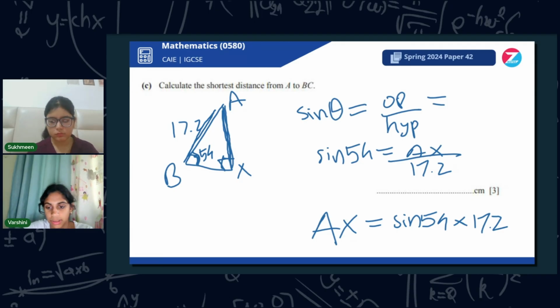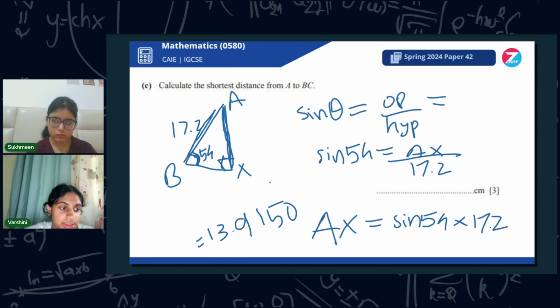Sorry, sine 54. Yeah, you should get 13.9150, really. But remember, we need to round off to three significant figures. So we can make this 13.9.